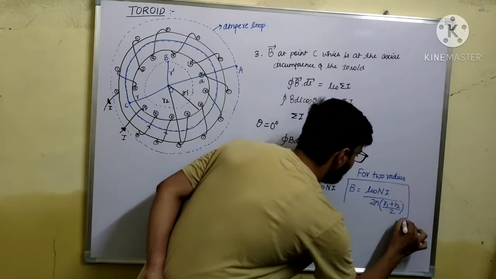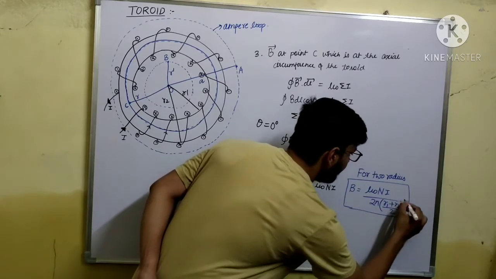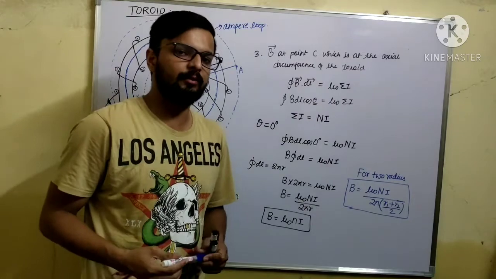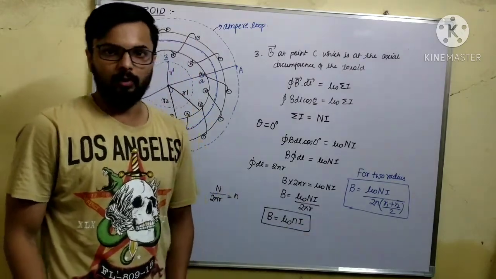So if you are given the outer radius and the inner radius of a toroid, then to find the magnetic field at the axial circumference, you will apply this formula.